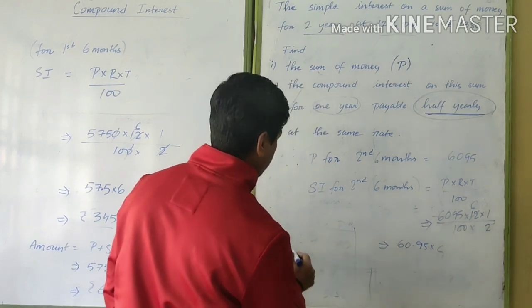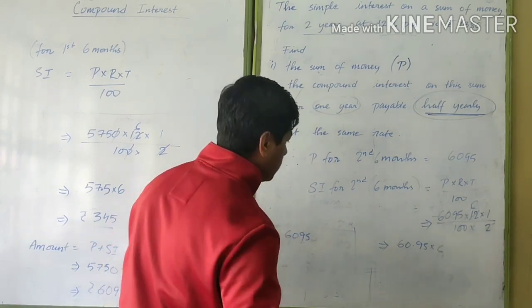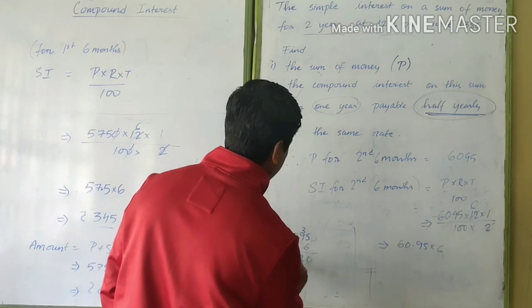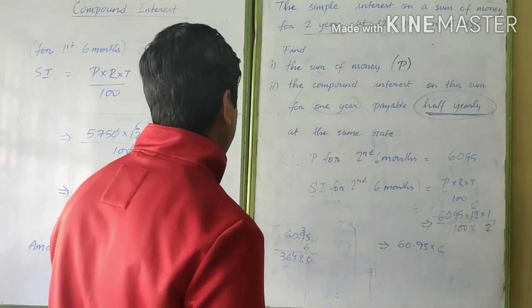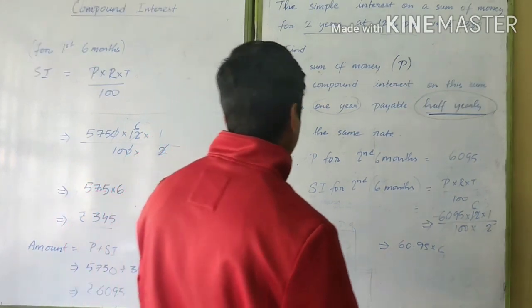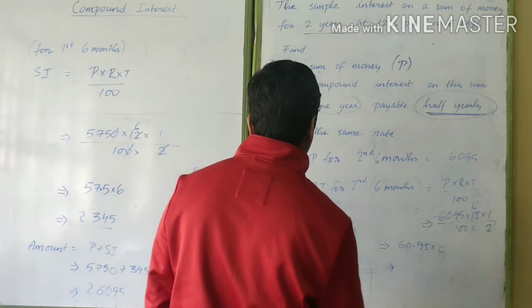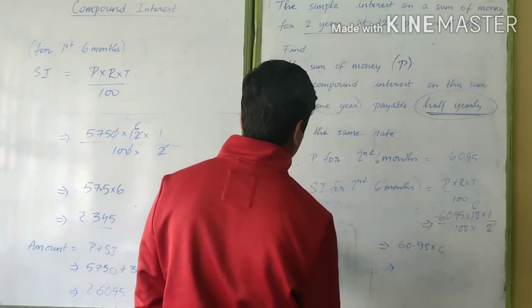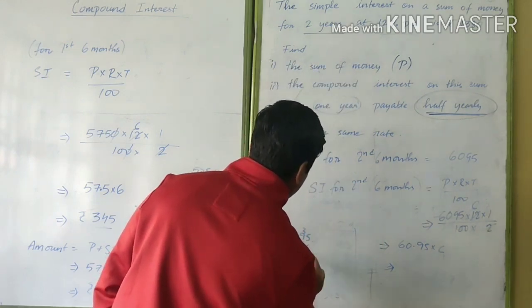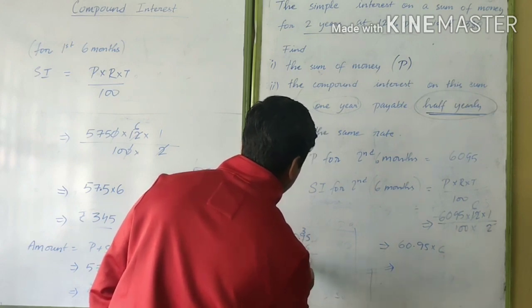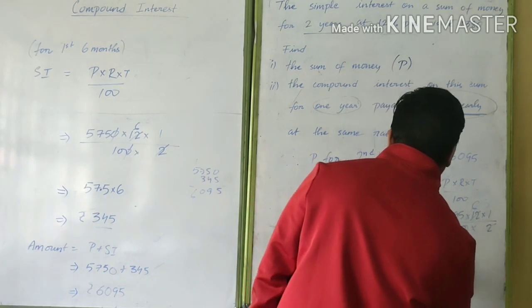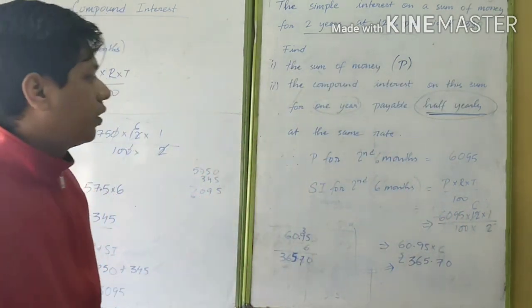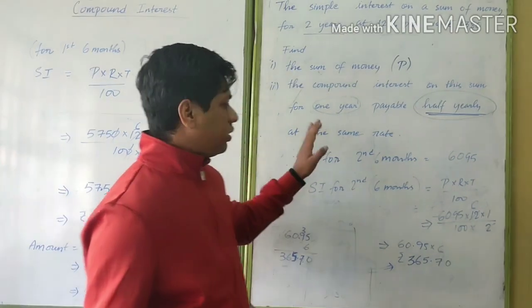We do the calculation: 6095 multiplied by 6 gives 365.70 rupees. So this is my simple interest for the second 6 months of 1 year.